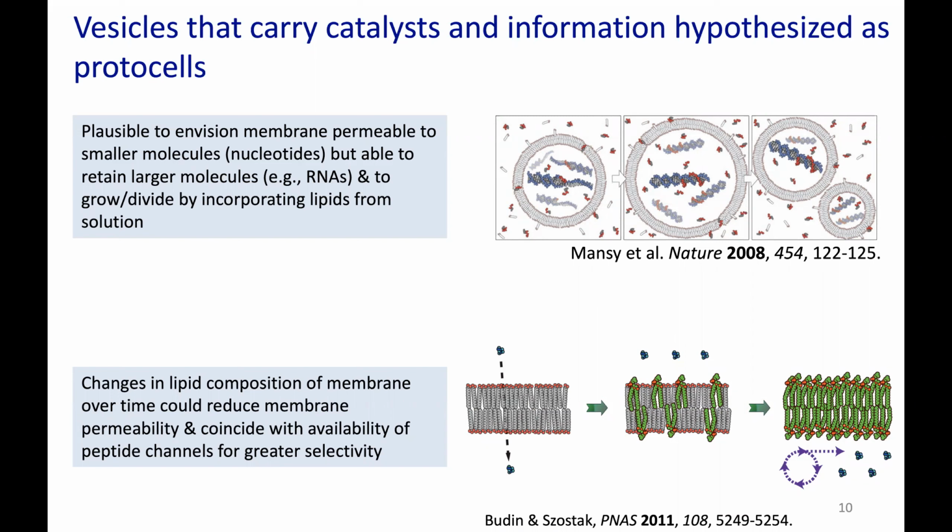For example, if these single-chain amphiphiles started to adopt more and more double-chain amphiphiles, more similar to the modern lipids, that adds to their stability and reduces their permeability and ultimately moves them closer to the kind of membrane that we have today. So it's an interesting way to think about compositional change over time that could be selected for and lead to new functions that are more appropriate for later types of structures.